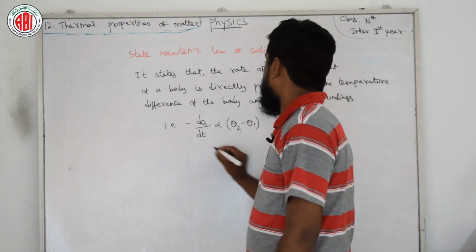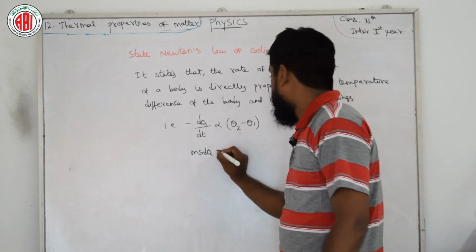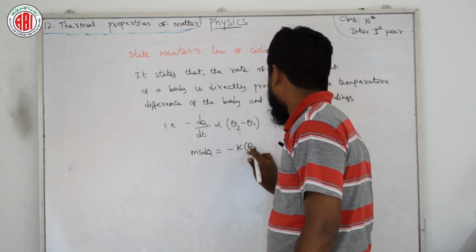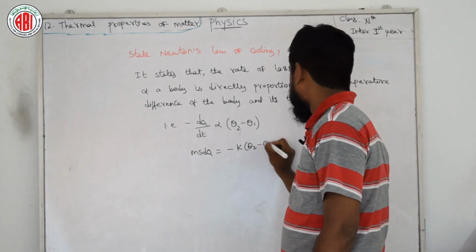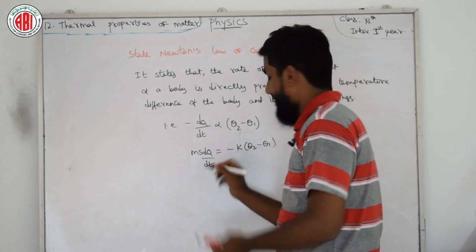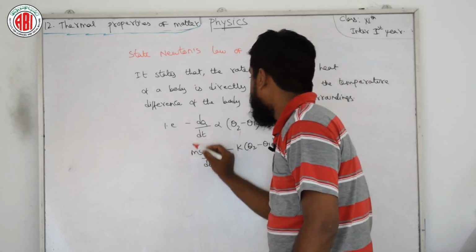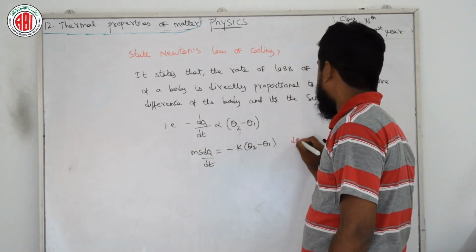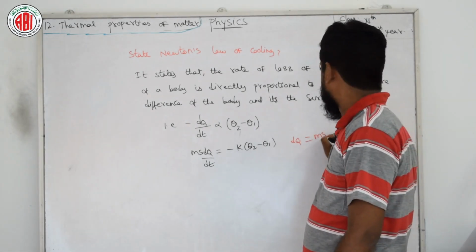Listen carefully. m s d theta is equal to minus k, theta 2 minus theta 1, by dt. What I did in these steps is just send the minus to that side, and we know that dQ is nothing but m s d theta.